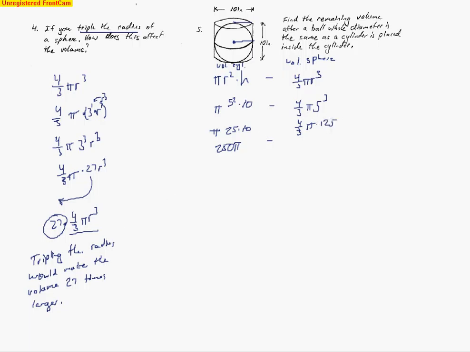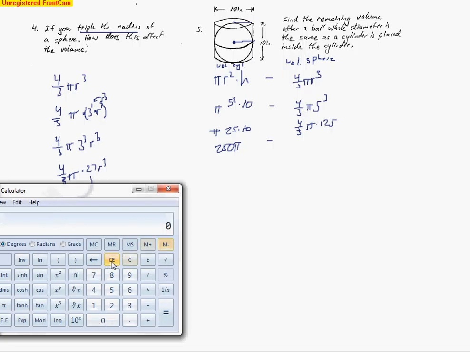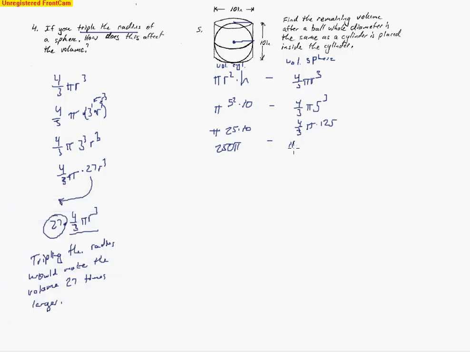So I'll use the calculator, multiply 125 times 4, and then divide that by 3. That gives me this number, 166.6 repeating pi. The reason I left it in terms of pi is because I need to subtract these two numbers.